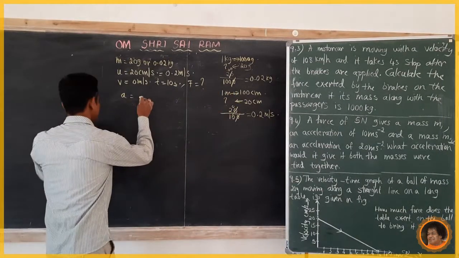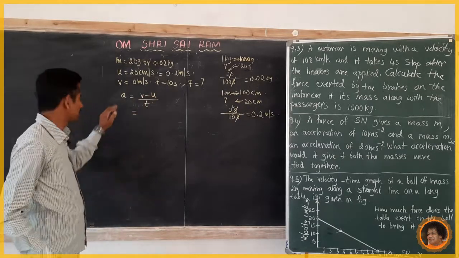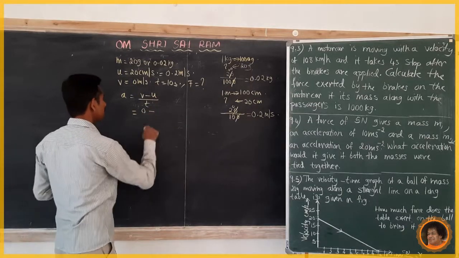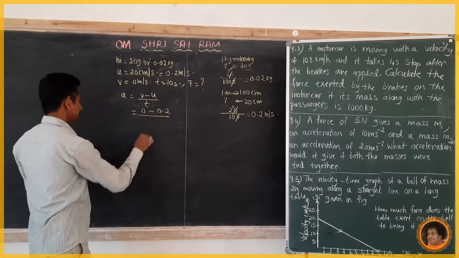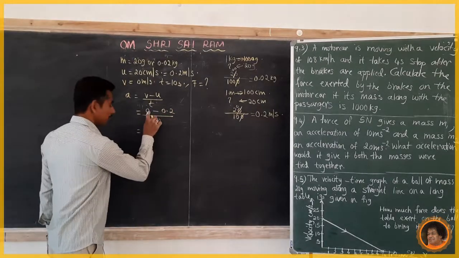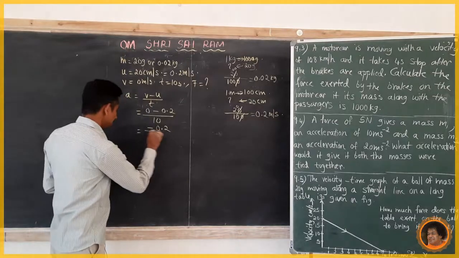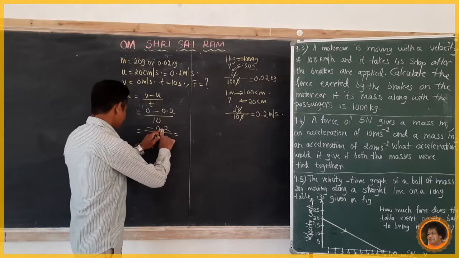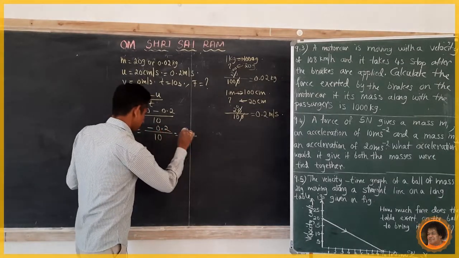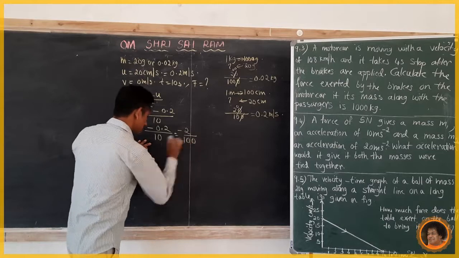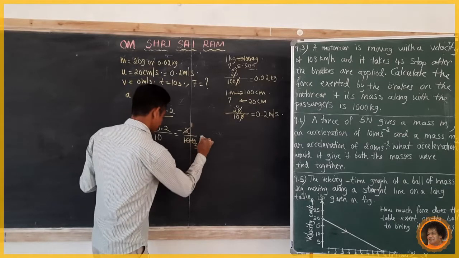First find the acceleration. Acceleration equals (v minus u) by t. v equals 0, u equals 0.2, t equals 10. So a equals (0 minus 0.2) divided by 10, which is minus 0.2 divided by 10. Writing minus 2, then the 10 goes to the denominator, so minus 2 by 100, or 1 by 50.